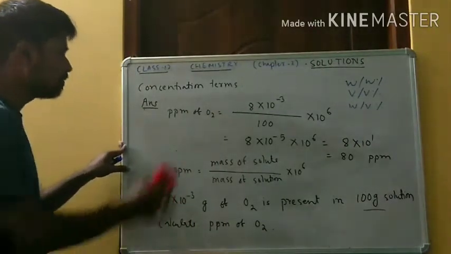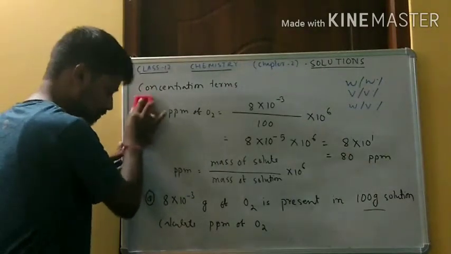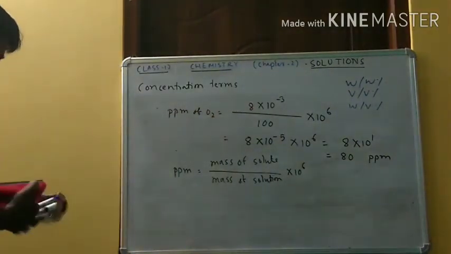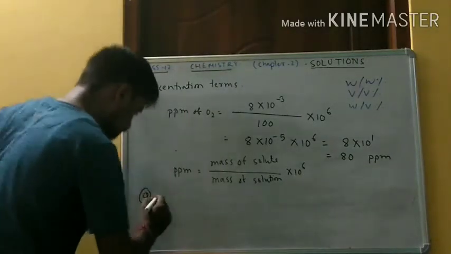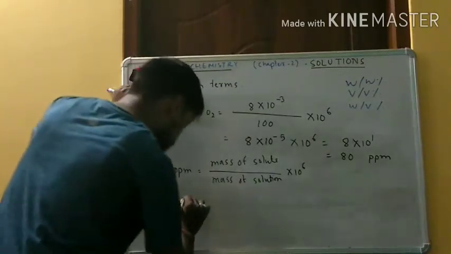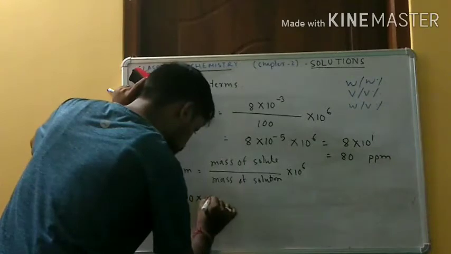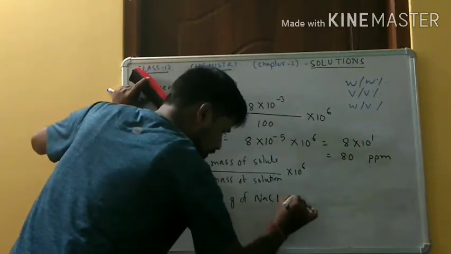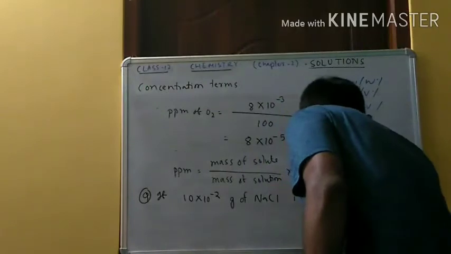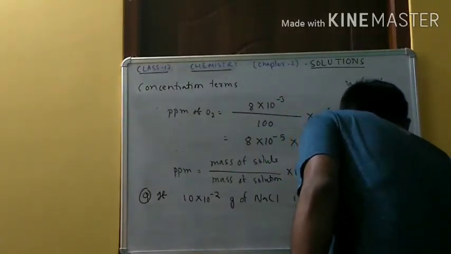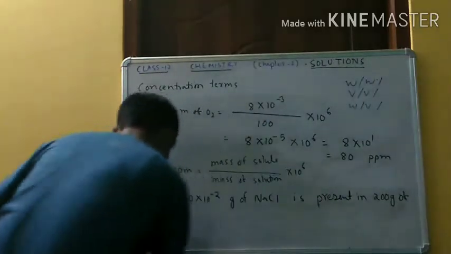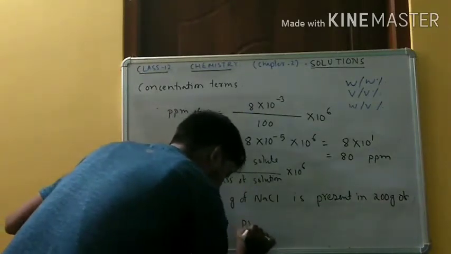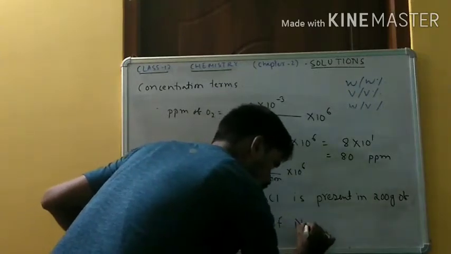Now let us take another example. If 10 into 10 to the power minus 2 gram of NaCl is present in 200 gram of solution, calculate ppm of NaCl.